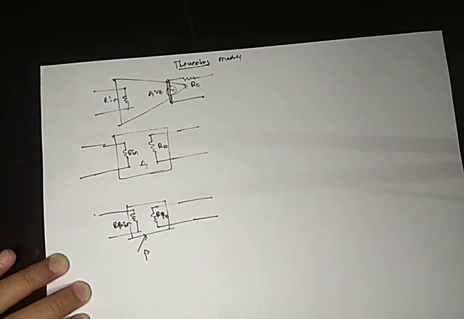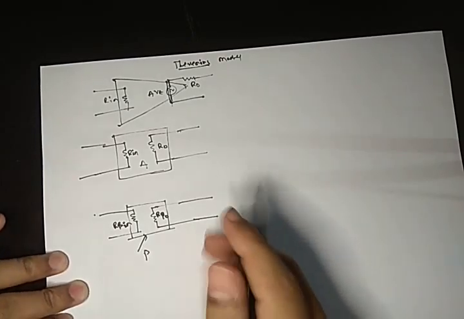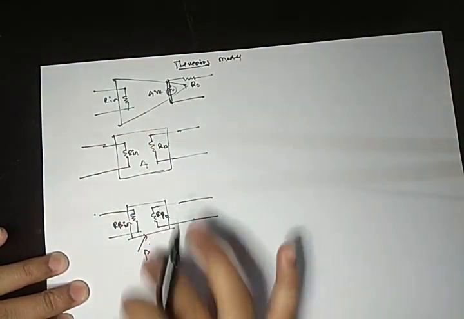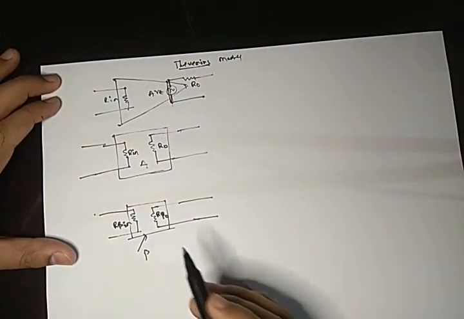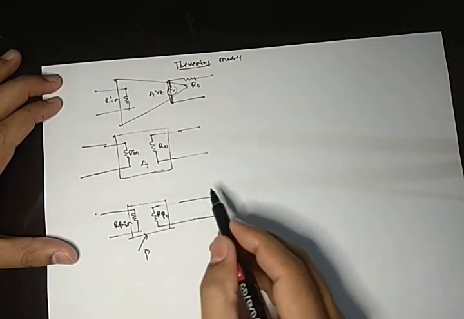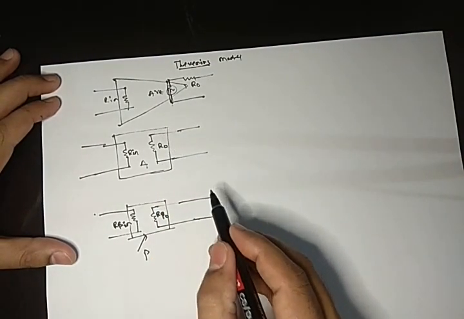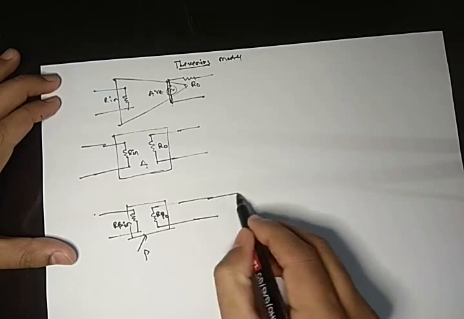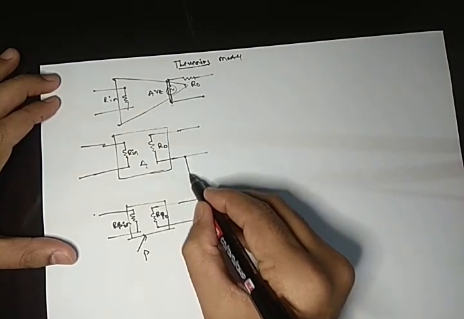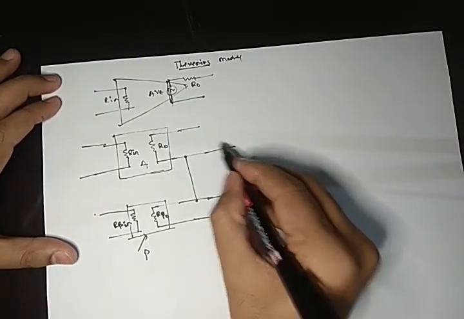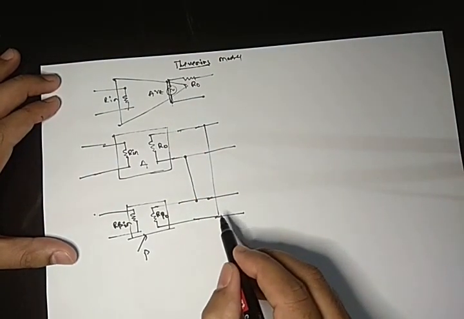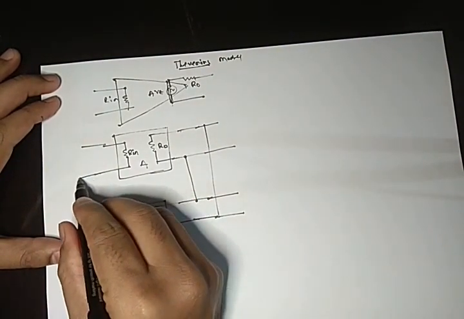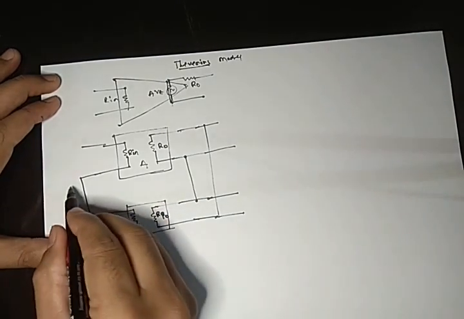Now this is the structure that we will be using always. Now this we will be using for voltage series. Now what we do in voltage series, we just tap the voltage parallelly and we put it in series.